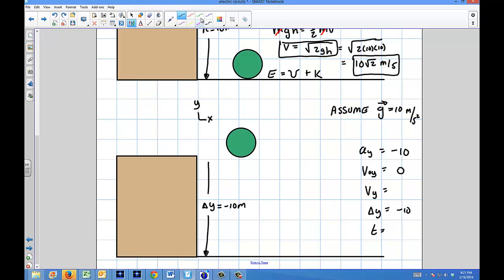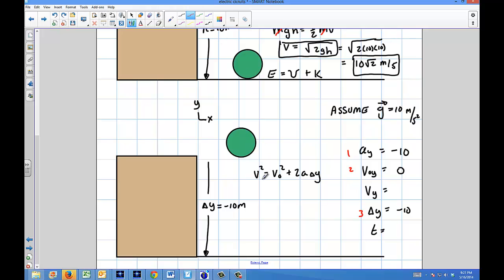So now if I go through here, I have 1, 2, 3 variables I can start to solve. What equation can we use with kinematics that has 3 variables that does not have time? It's going to be this one here, which is v squared equals v initial squared plus 2a delta y. So I have everything except for the v.